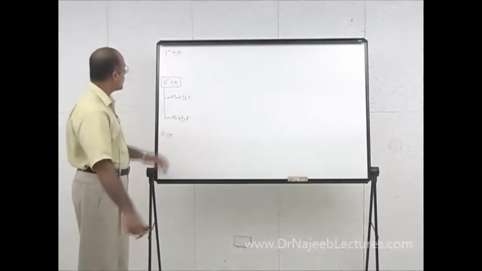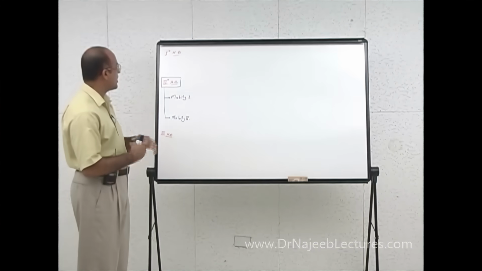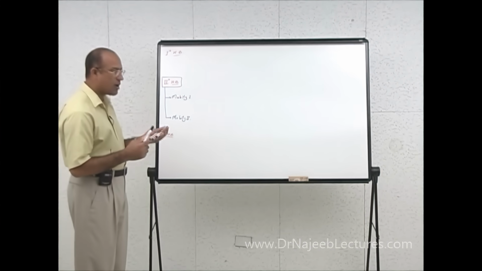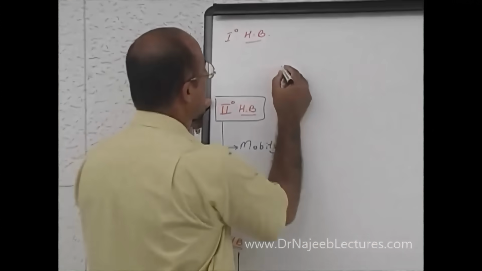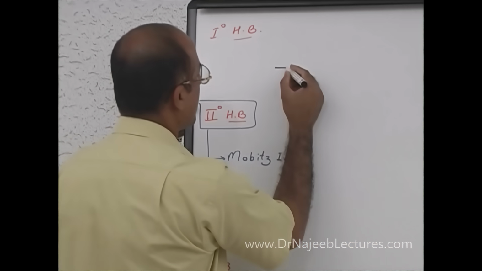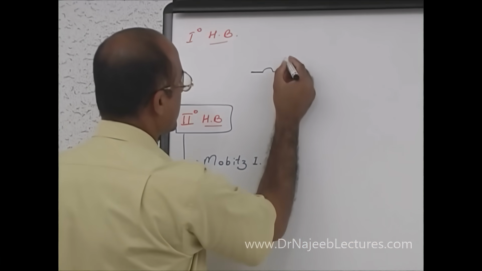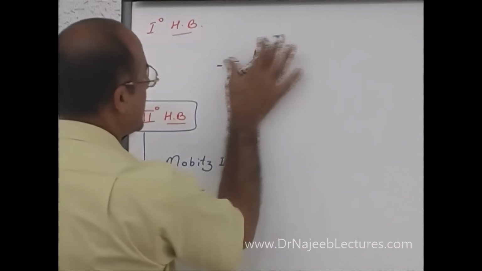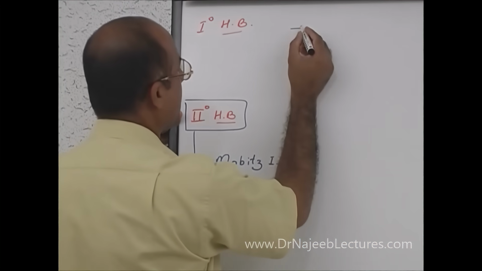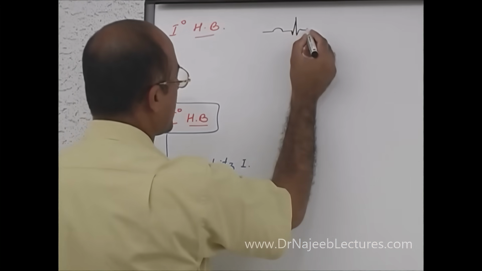Now we will go a little bit into more detail of heart blocks. First of all, concentrate on this ECG pattern. First I will draw the normal so that you can compare it with the others.